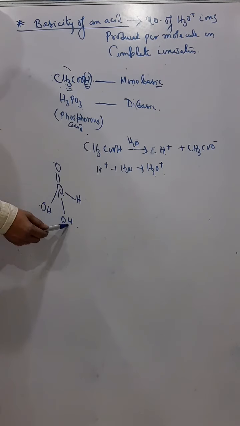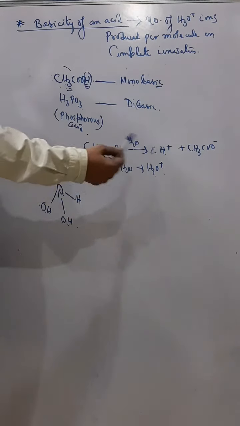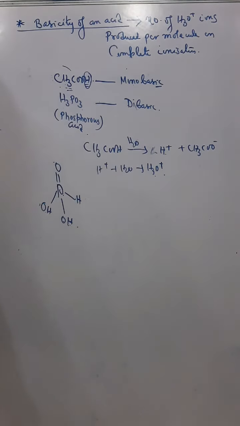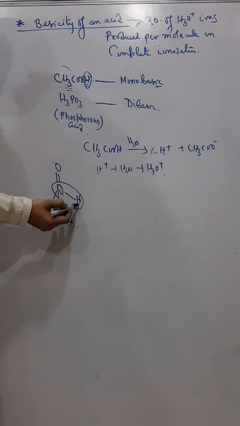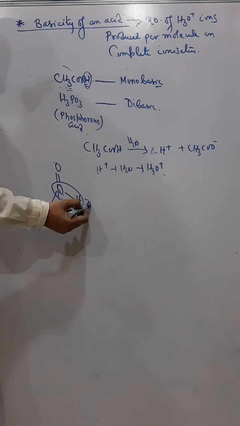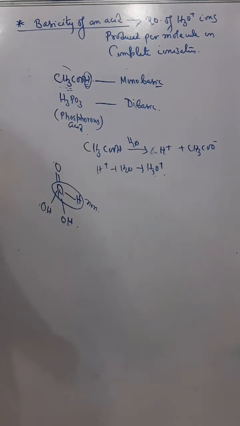This hydrogen is replaceable, this is replaceable, so these 2 hydrogens split and form 2 H plus ions, and with those 2 H plus ions they form 2 hydronium ions. But this hydrogen which is connected with phosphorus is non-replaceable, and therefore it does not ionize. So hence phosphorus acid is a dibasic acid.